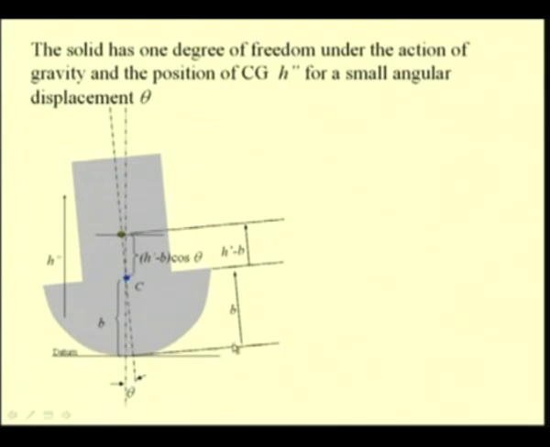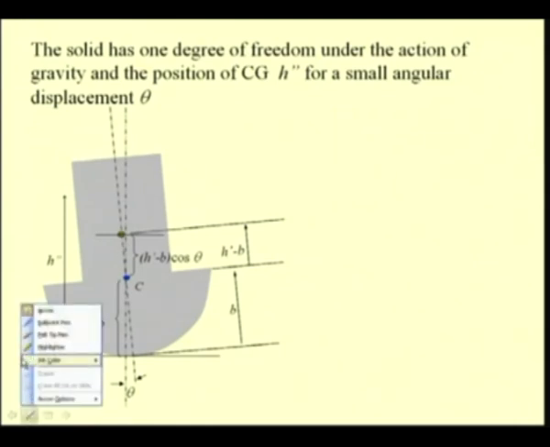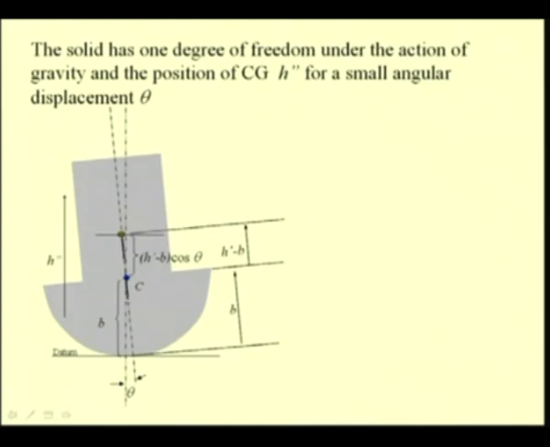This portion we have seen that it is b, again the point corresponding to the original equilibrium position, and this portion is nothing but H prime minus b, because this is the location of the CG, and this axis represents the location of the CG in the undisplaced position, that is when this knob was in the vertical position.